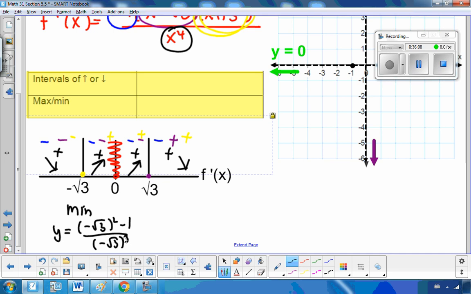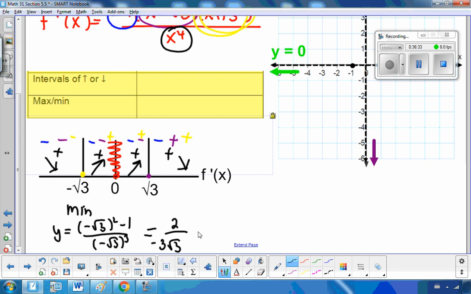Negative root 3 squared is going to be 3 minus 1 is 2 over, and this will just be negative 3 root 3.